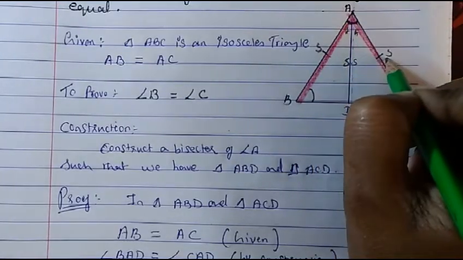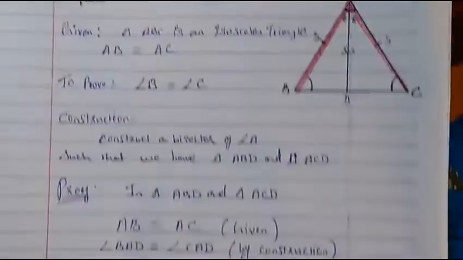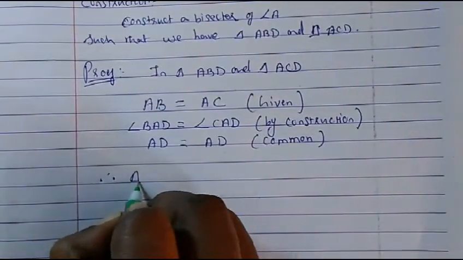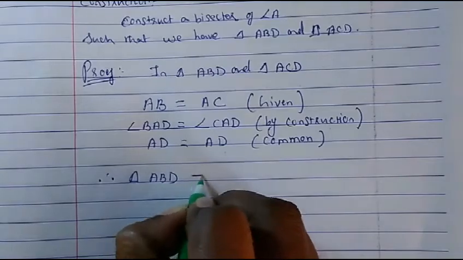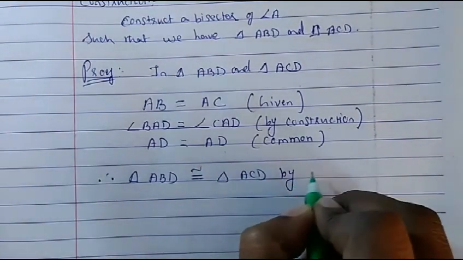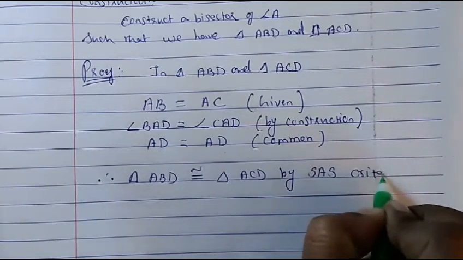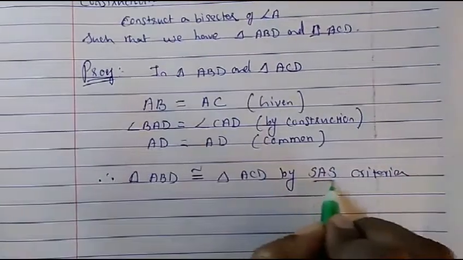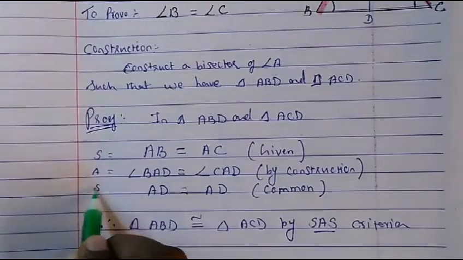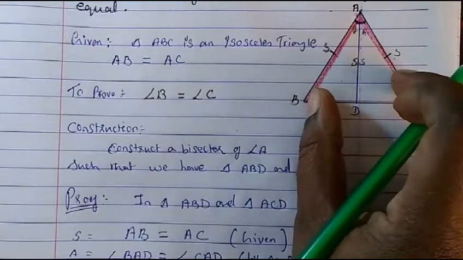Side angle side rule, can we say both are congruent, both are identical? So therefore triangle ABD is congruent to triangle ACD by side angle side criteria. By this criteria, this is side, this is angle, and this is side. So by the side angle side criteria, we prove that both the triangles are congruent.